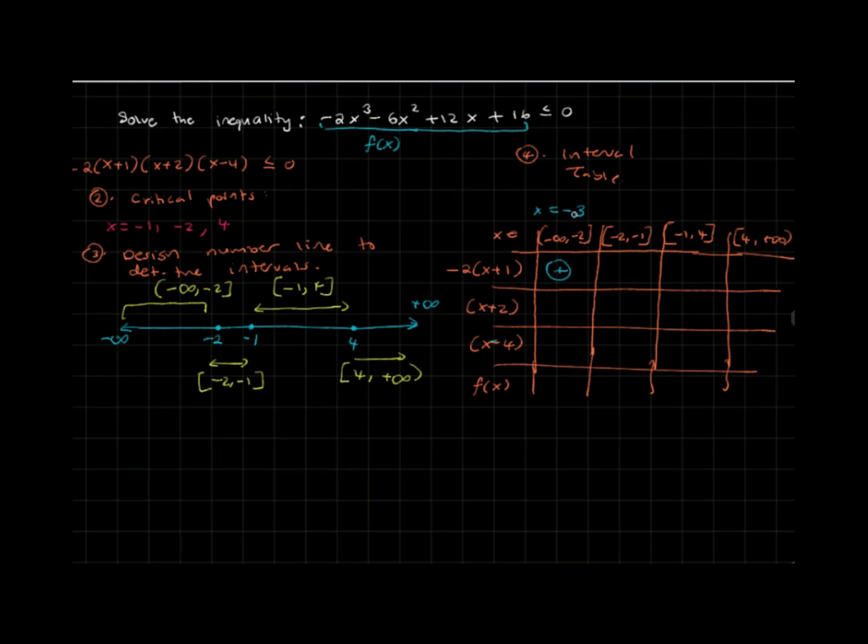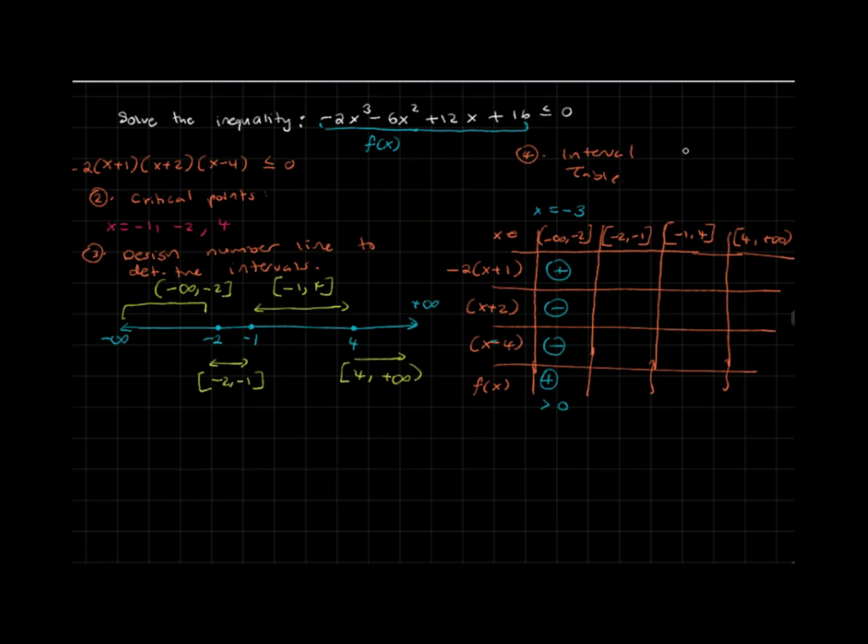For x equal to negative 3, negative 3 plus 2 is negative 1, so that's a negative. Negative 3 minus 4 is negative 7, so that's negative. And when you multiply all 3 factors together, you get positive times negative, and that's going to give you positive. So this interval is going to be greater than 0.